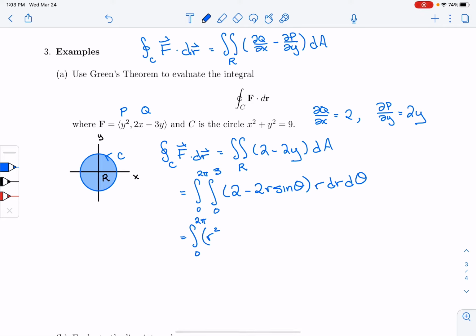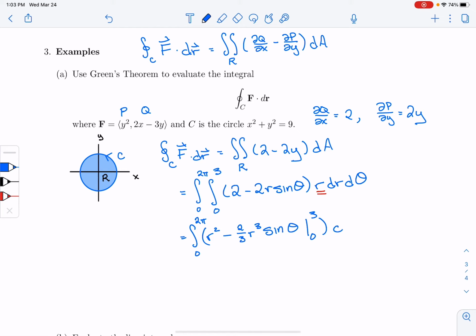And then when I integrate 2r squared, remembering that I'm multiplying everything by that r, I'm going to get 2/3 r cubed sine theta, and I'm going to evaluate that between 0 and 3.